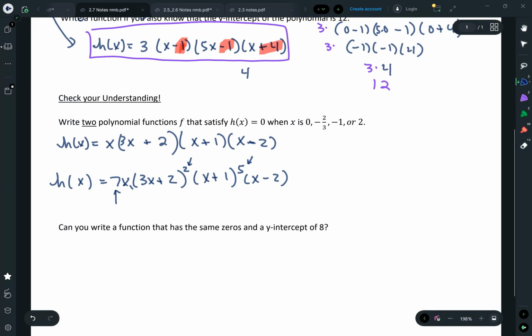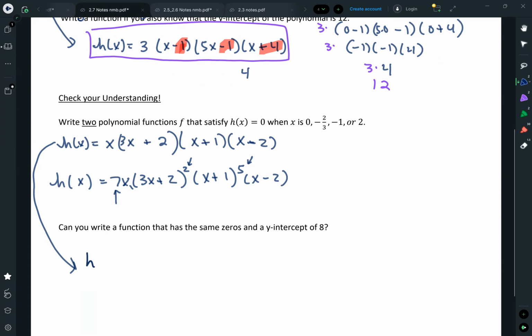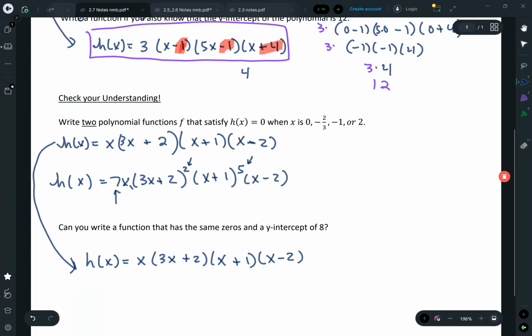All right, if I want to make this have the same zeros and a y-intercept of 8, so now I'm going to take this guy down here and I'm going to adjust it by multiplying it by a constant. So you could either just look at all of the constant parts of this. Uh-oh, we have an x in there.